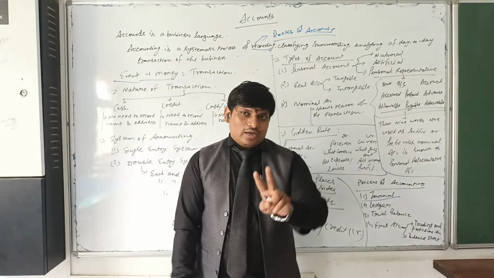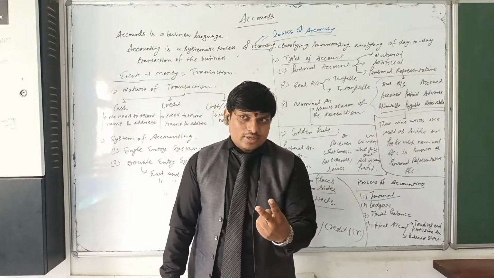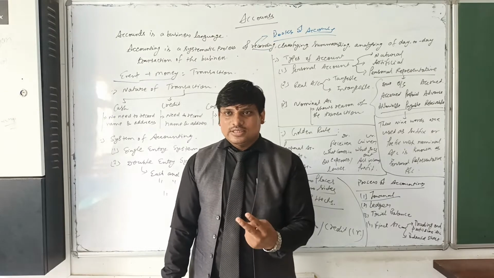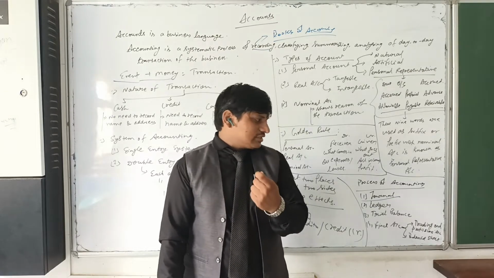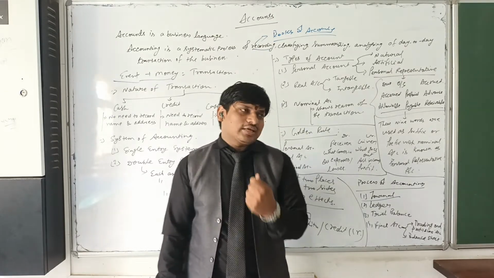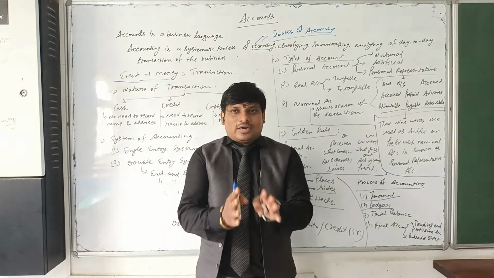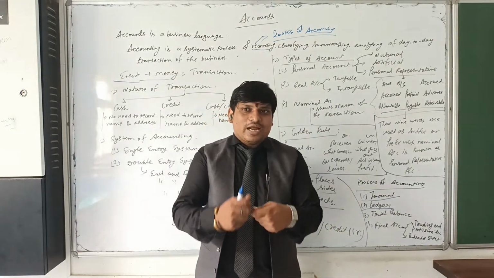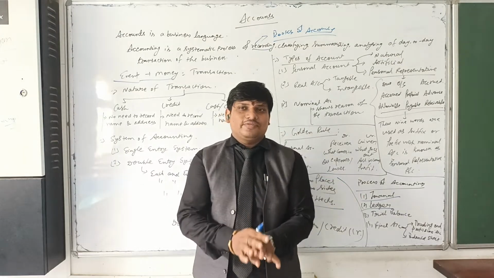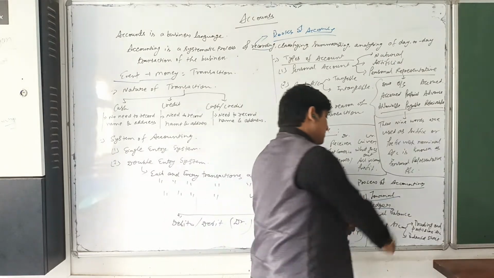Second, after recording, we classify each and every transaction, each and every account, that is known as ledger. After classifying, we summarize all the accounts, debit or credit, that is known as trial balance.